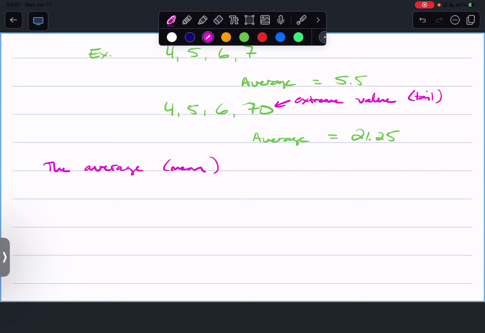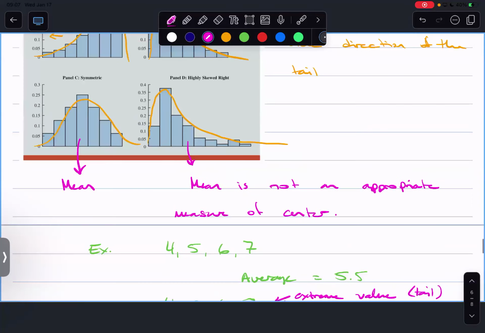So the average is pulled in the direction of the tail, right? And so that's the reason that the only time it's an appropriate measure of center is if it's symmetric.